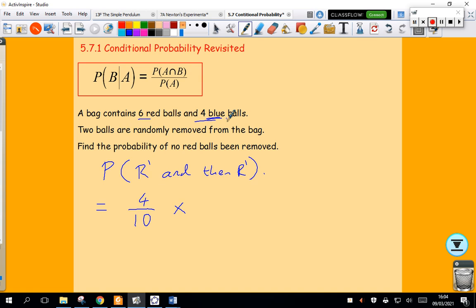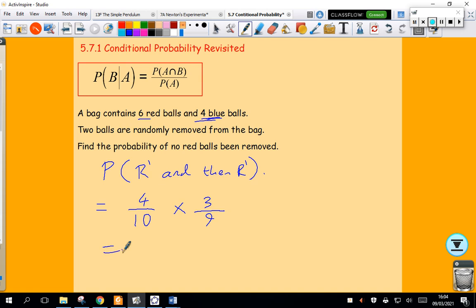And then the second is non-red. What's the probability the second is non-red, given that the first was non-red? The condition is important here. If the first was blue, that means there are only 3 blues left, and no longer are there 10 to choose from, but only 9, because we've already removed one.